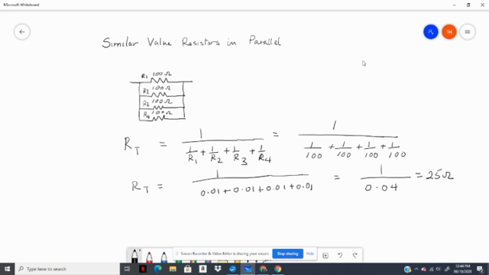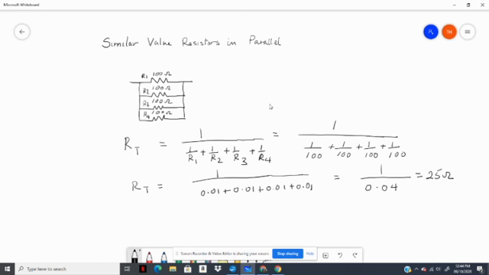So in general, to find the value of any number of similar resistors in parallel, we simply divide the value of one of them by the total number of resistors.